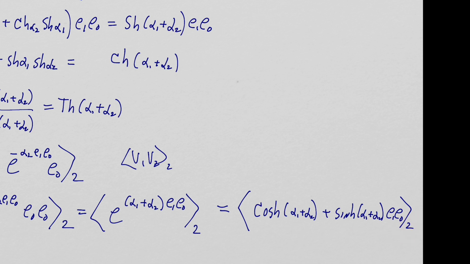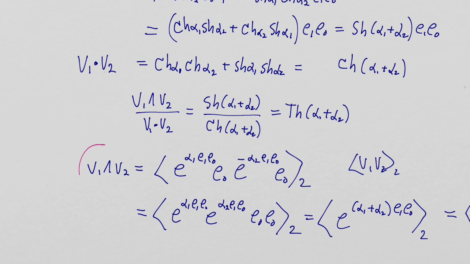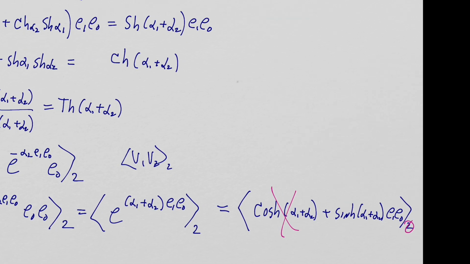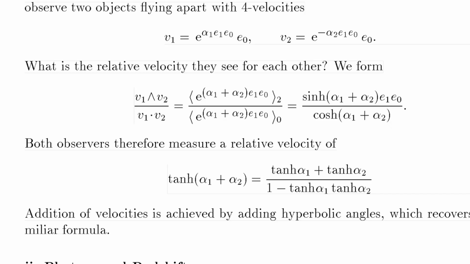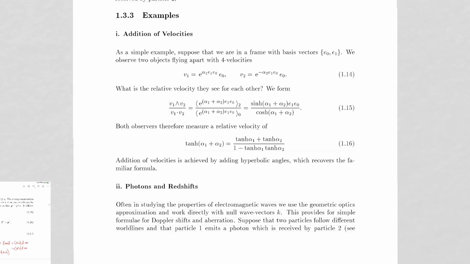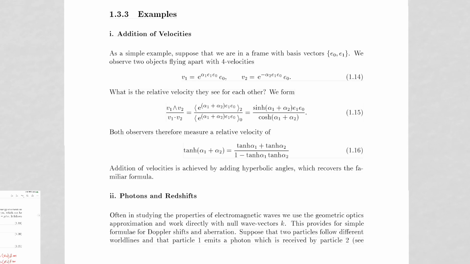So this goes away because you're selecting the bivector piece. So again, you end up with this equals the hyperbolic sine of the sum, right? So that's basically how their notation is working here. It's good to see all these types of notation. But I think that's all for now.